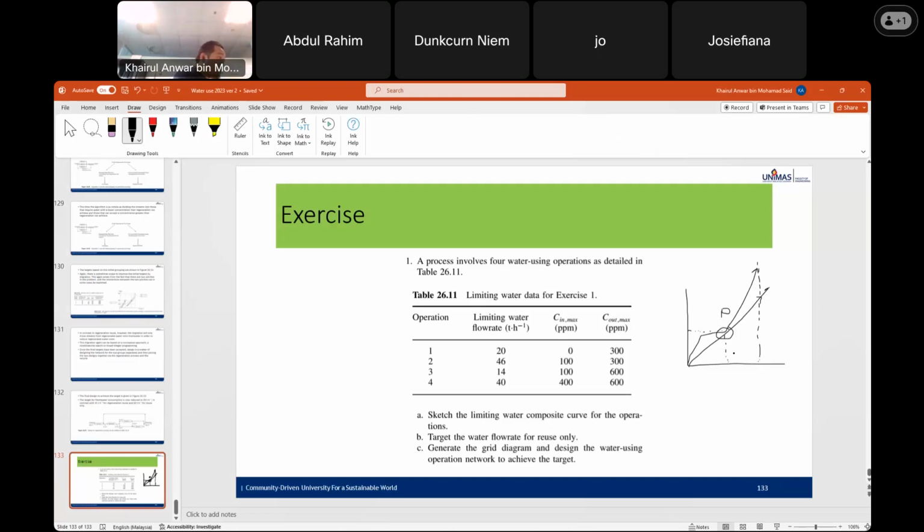For the second question, B, refer to page 607, from last week. So you need to set the target.